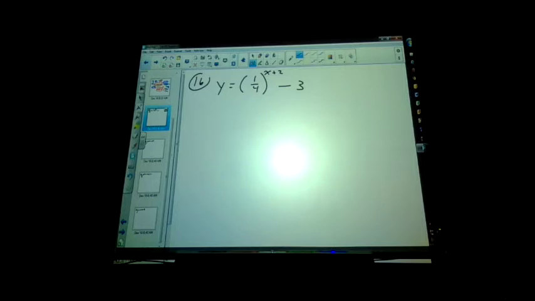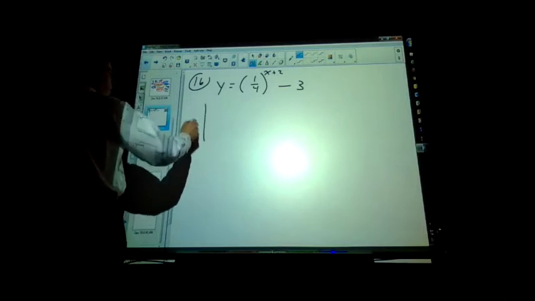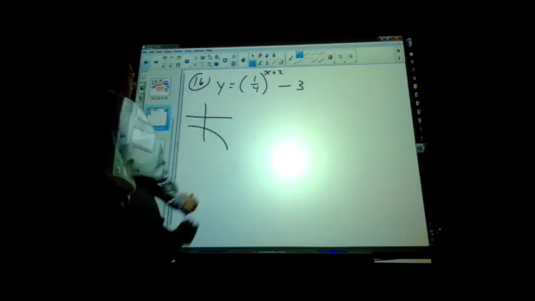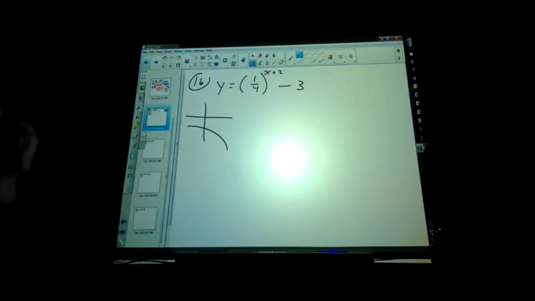The base, whatever's raised to the exponent, is between 0 and 1, so it's a decay model. If you were to graph this, it's going to probably look something like this. I agree.